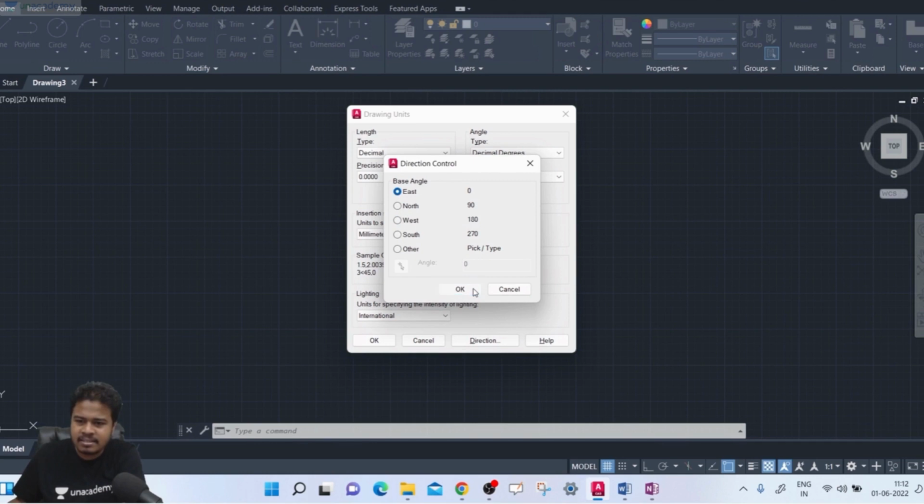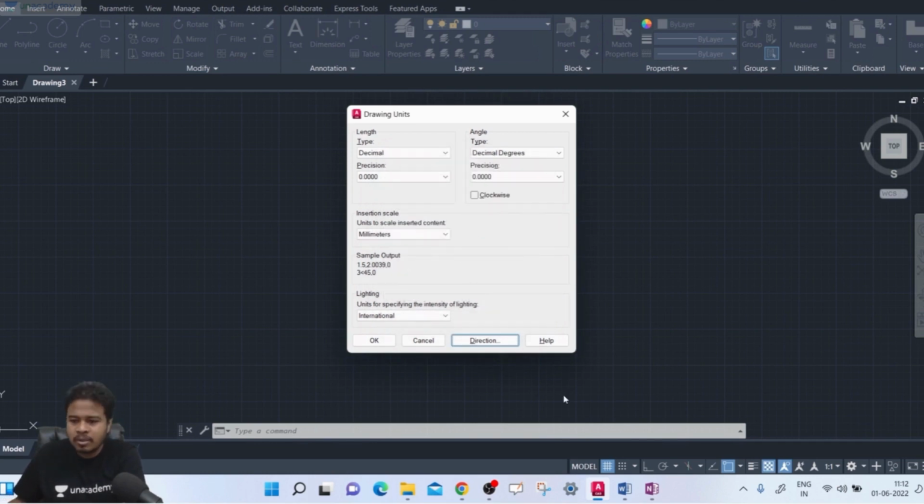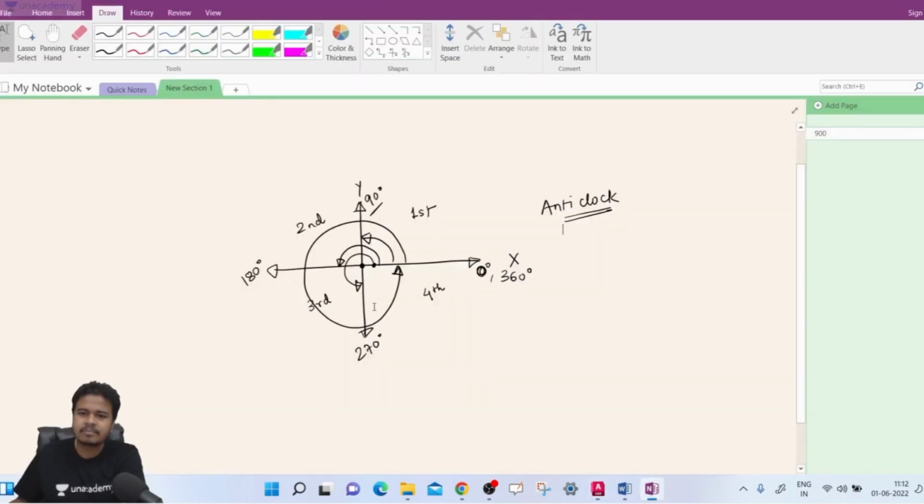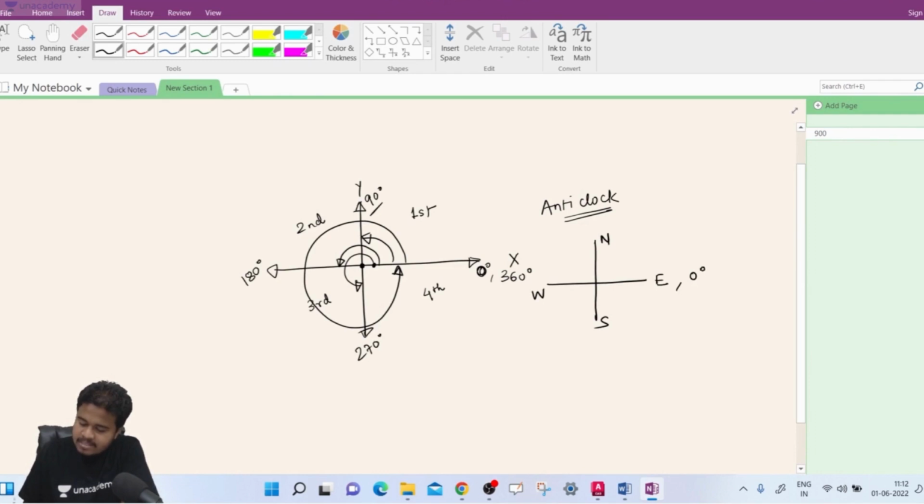East. Let me go into the OneNote again. See here. We all know that this is east, this is west, this is north, this is south. So, east is 0 degree, north is 90 degree, west is 180 degree, and the south is 270 degree.